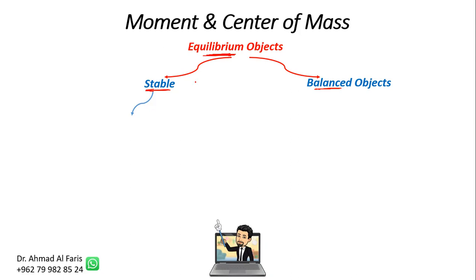That doesn't mean that any balanced object is stable, and it doesn't mean any stable object is balanced. But when an object is in equilibrium, it will be balanced and stable.